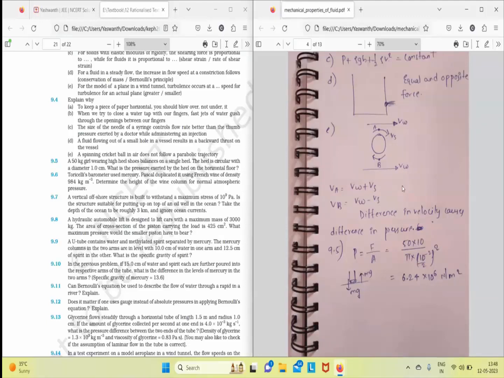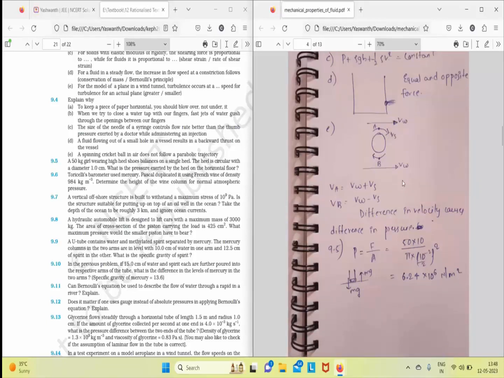And the immediate thing that comes to your mind when we think of velocity difference is, since there is a velocity difference, there must be some pressure difference also by Bernoulli's equation. Whenever you throw a stone, the only force that acts on the stone will be gravity. But in this case, gravity is not the only force acting on the ball. Along with gravity, there is some pressure difference between the upper and lower points of the ball.